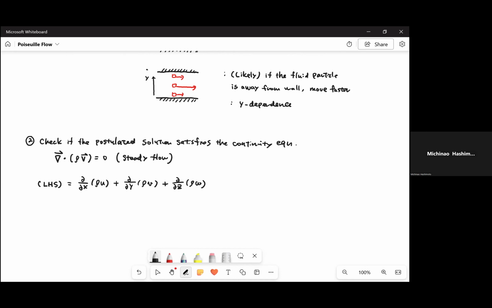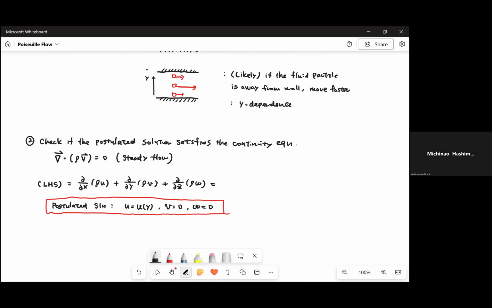Our postulated solution is u equals u of y, v equals 0, w equals 0. The argument here is v equals 0.